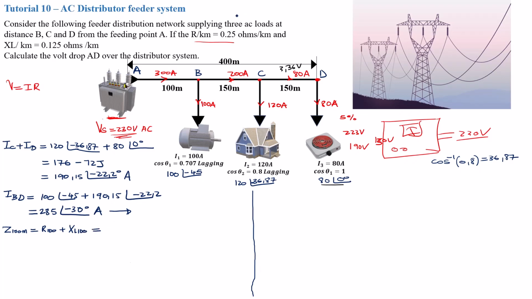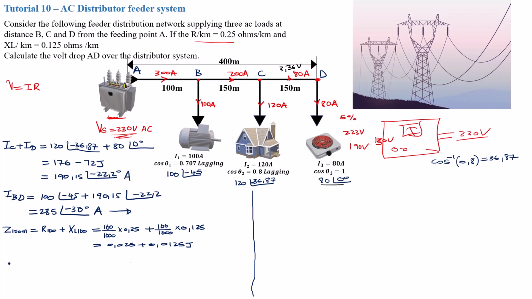So you take the 100 meters, 100 divided by 1000, times the resistance 0.25, plus the same 100 divided by 1000 times the reactance 0.125, and this is going to give you an impedance of 0.025 plus 0.0125j.